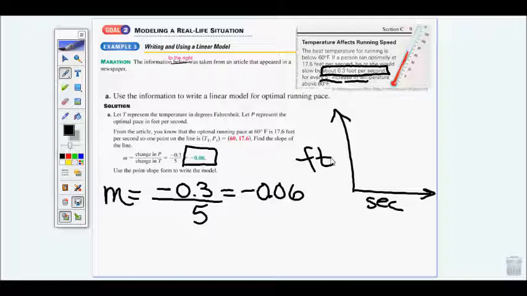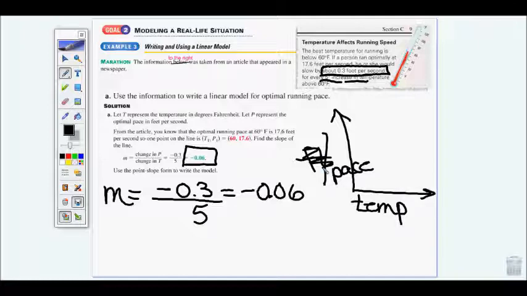Or I guess it should have been temperature, not seconds. Sorry, we're talking about temperature, not the change in time. Change in temperature. And then for feet, maybe I could say pace. Does that sound better?